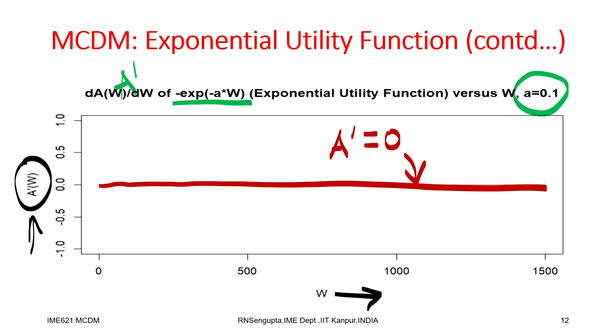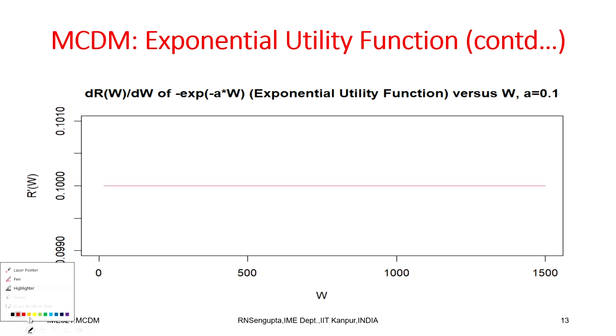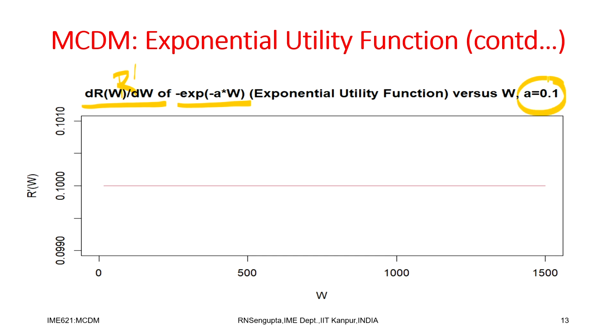So, let us see whether it is replicated. Again this is r prime, which is dr by dw for the exponential utility function minus e to the power minus a w with a value of a as 1.